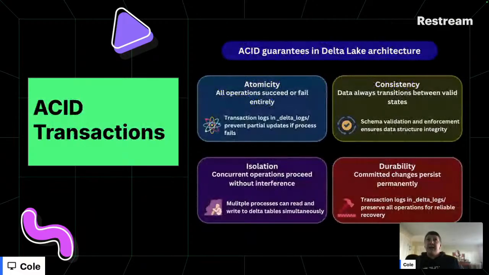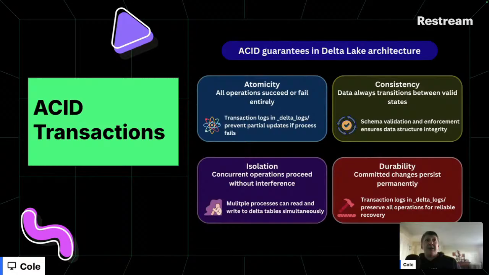So what exactly are ACID transactions? The first, the letter A in an ACID transaction, is atomicity, where all operations either succeed or fail entirely. Transaction logs and the delta logs prevent partial updates if any of the processes fail in your data pipeline. Consistency, so data always transitions between valid states.